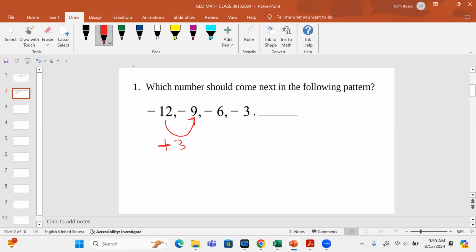-9, thank you. If you take the same -9, you add again 3. -6. The same -6, you add 3, that gives you -3, and -3, you add the 3, that gives you 0. Okay, suppose we want to continue the pattern. So after 0, what do you think we're going to get?